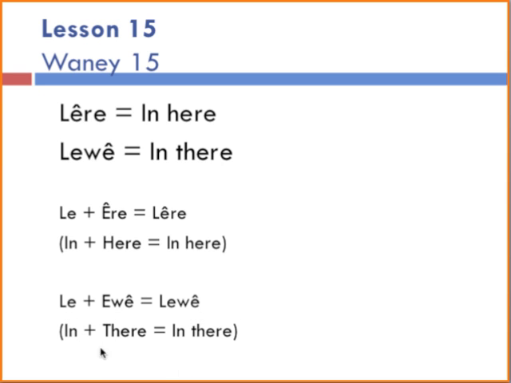You'll see in the examples in a couple of seconds that in English, "in there," or let's say lewe, is actually translated, not always, but most of the time, as just "there." That will be clear in the next slide, I think. So let's see the next slide.